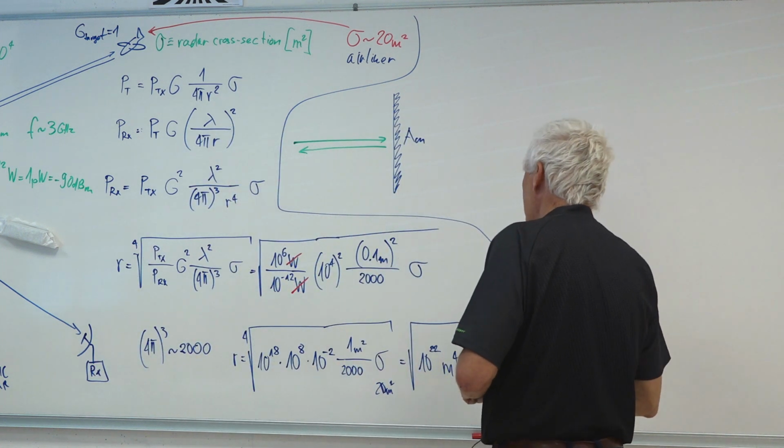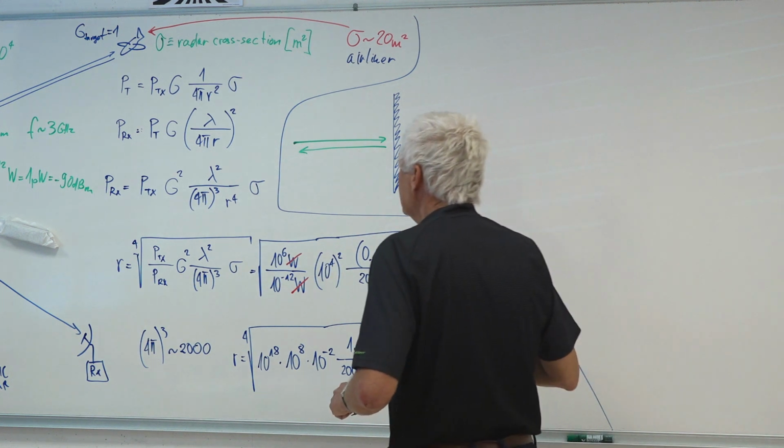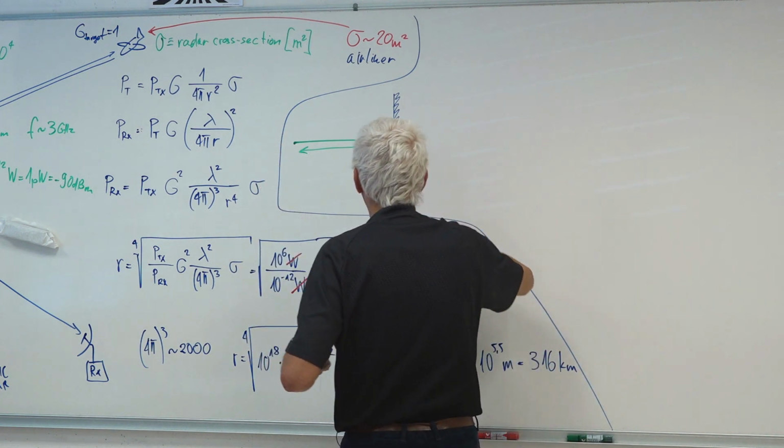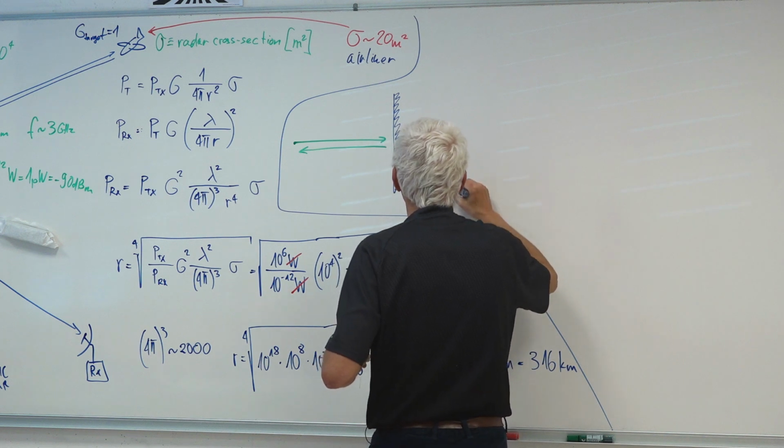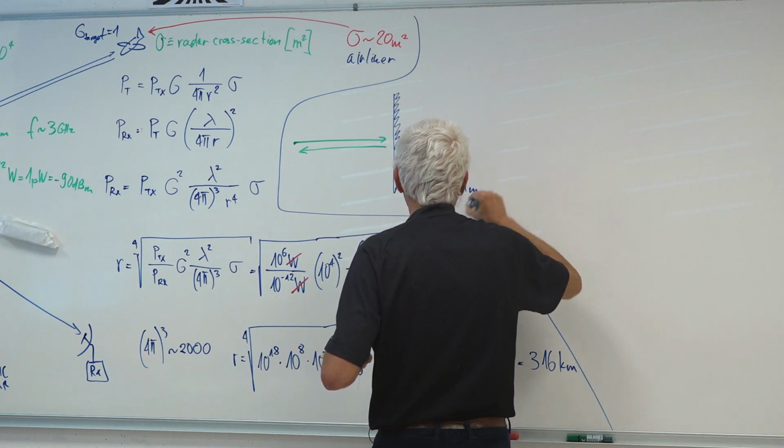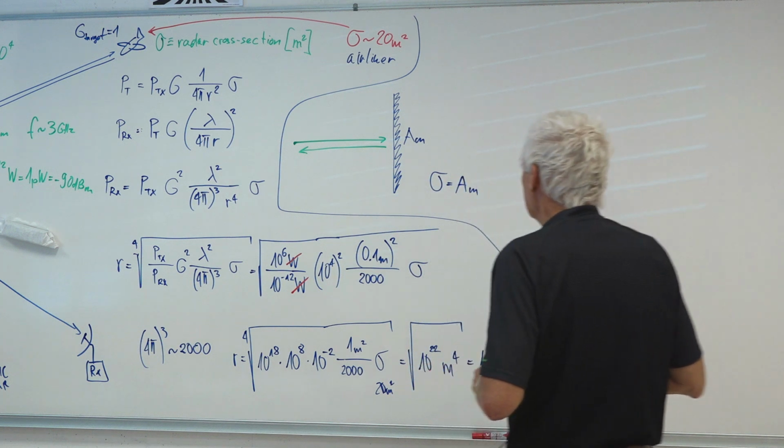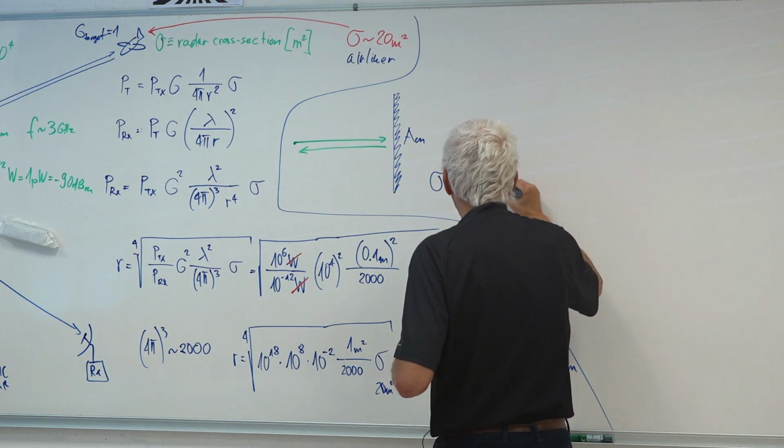What is the calculation now for sigma? First, the power we get: we had A mirror, so sigma here is the surface of the mirror, this is the collected power by this mirror, times the gain of the mirror.